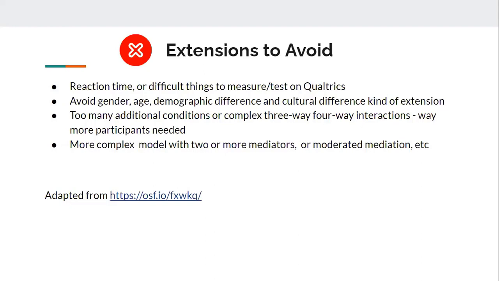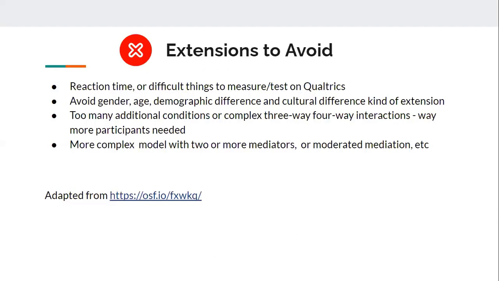Please don't add too many additional conditions to encompass three-way or four-way interactions, as way more participants are needed to detect the effect. Interactions require more participants to test the effect at high statistical power. And in such cases, it becomes kind of a conceptual replication with extension.